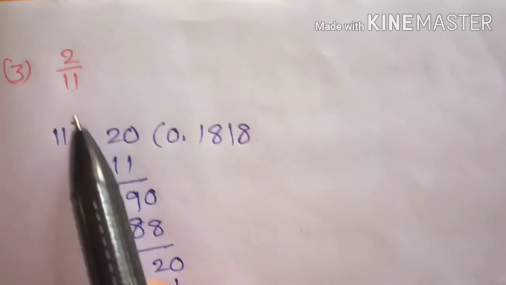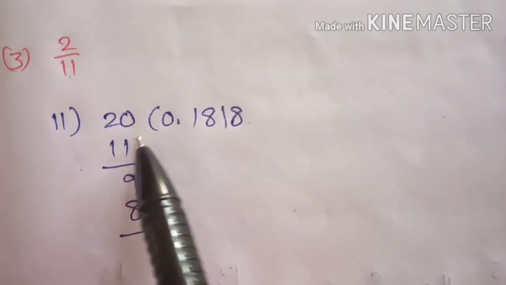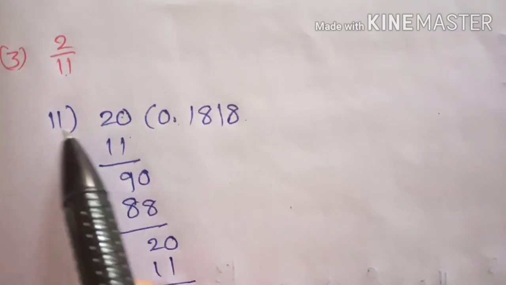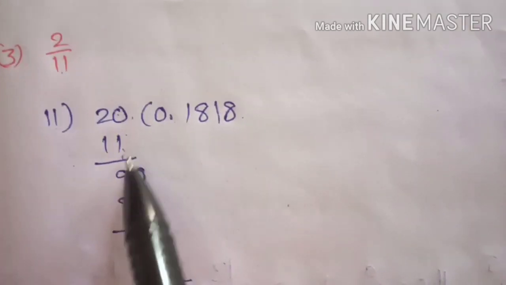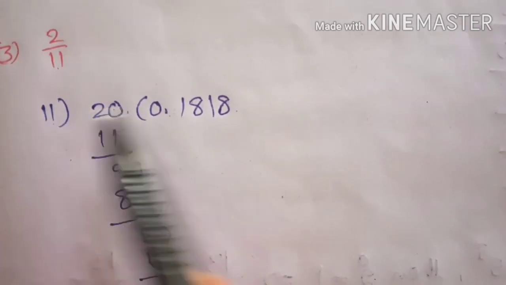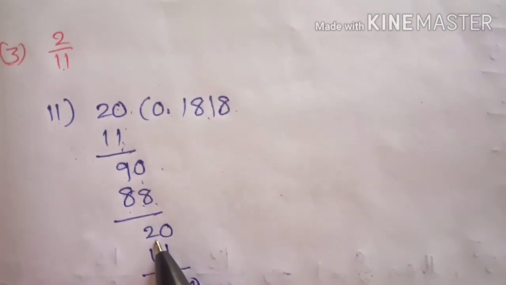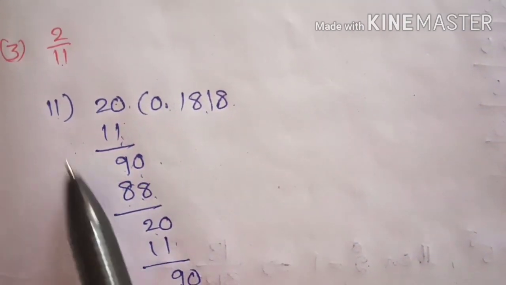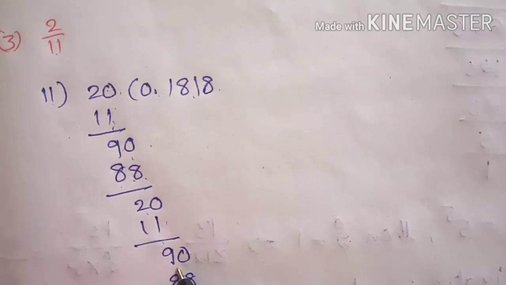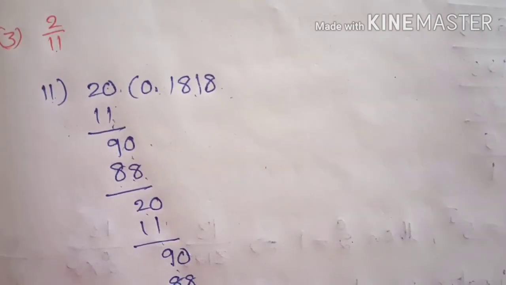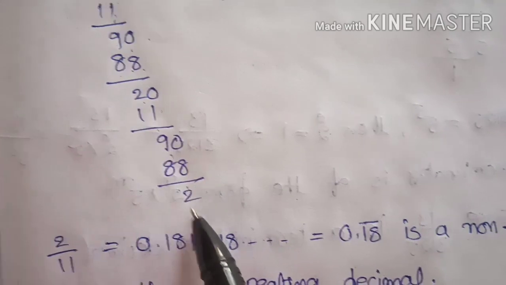2 by 11. 11 divides 2. Point 0. 11 ones are 11. 20 minus 11, 9. Point 0. 11 8s are 88. 90 minus 88, 2. Point 0 again. 11 ones are 11. 90, and 11 8s are 88. 90 minus 88, 2.